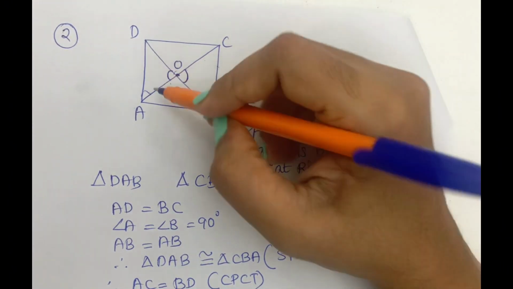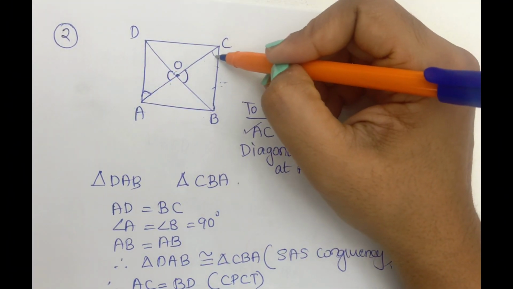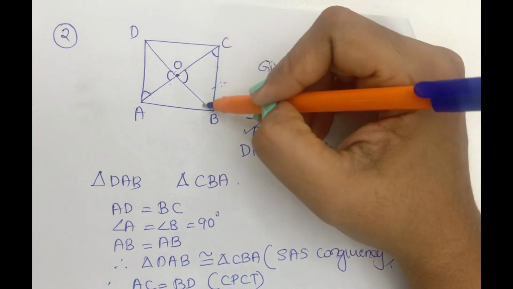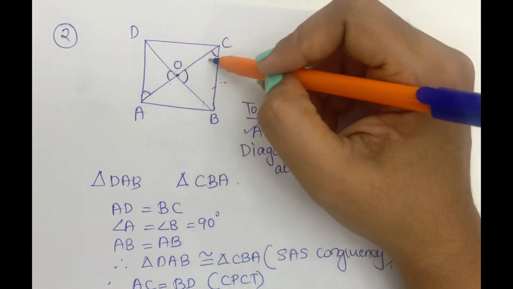So this angle and this angle will be equal by alternate interior angles.